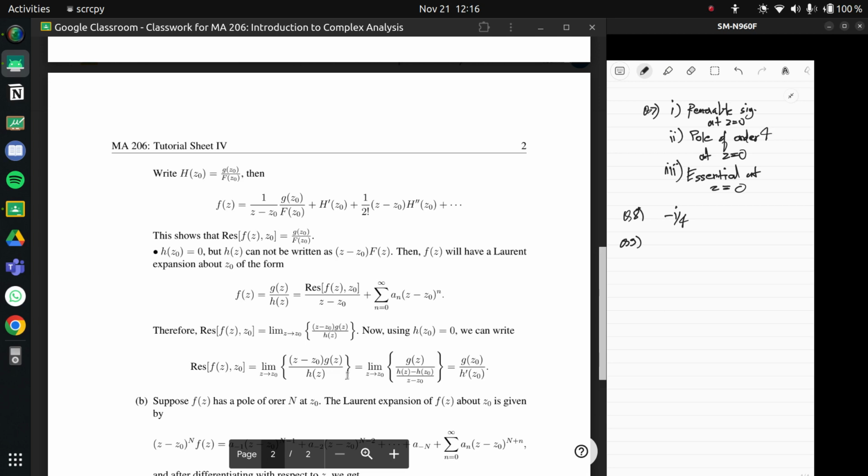H dash of z naught. Wait, this is very weird. So you're saying f, you can't write it like that. Why? It can't be written like that. What it is certainly 0 over there.